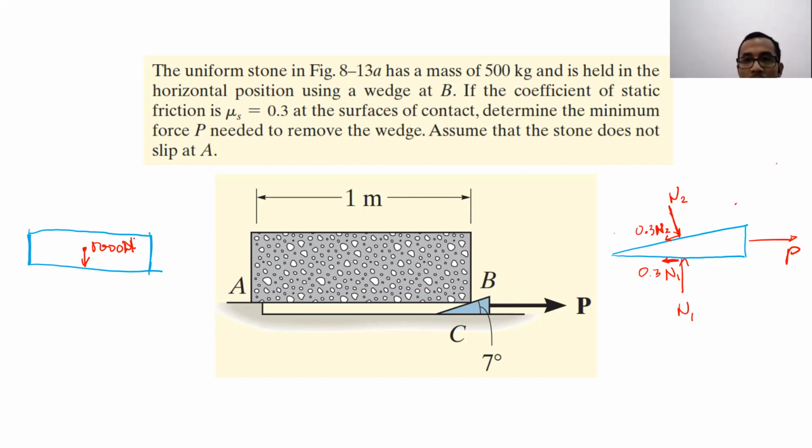Then there will be a normal force and a friction force with the direction opposite to that. The normal force is going up like this, N2, and the friction force is going like this, slightly slanted, 0.4 and 0.3 N2.